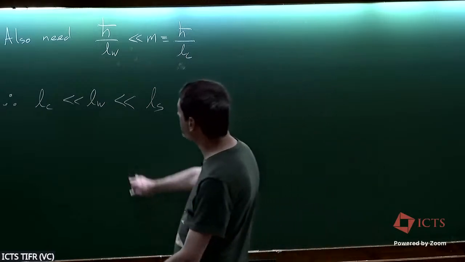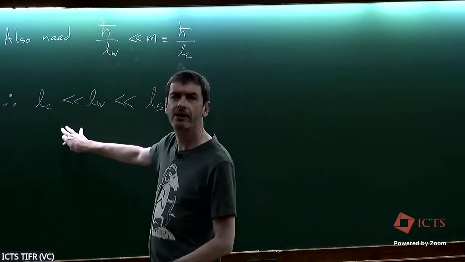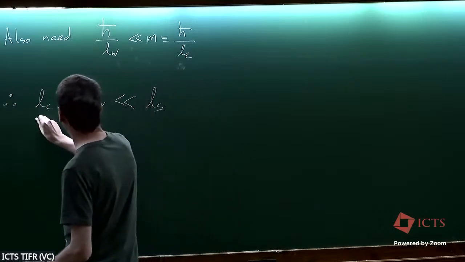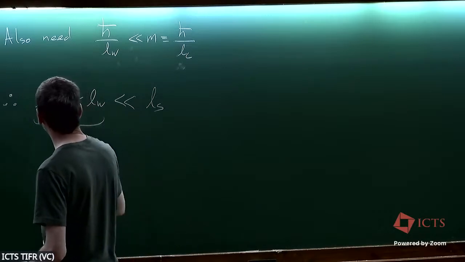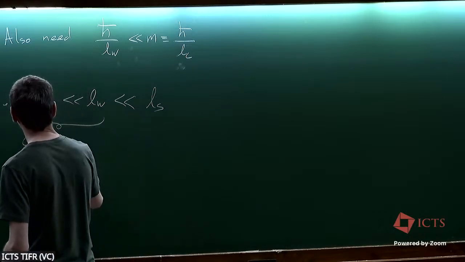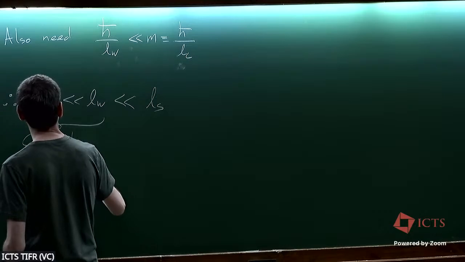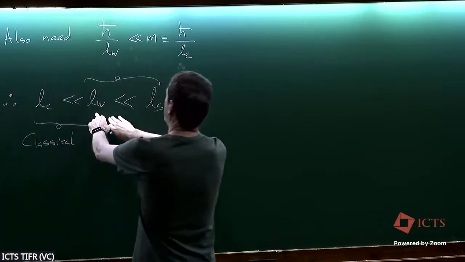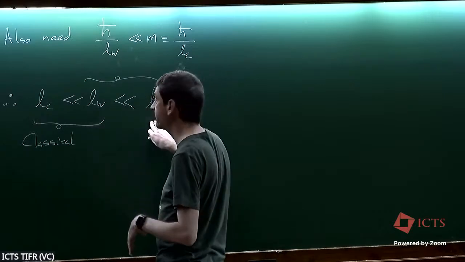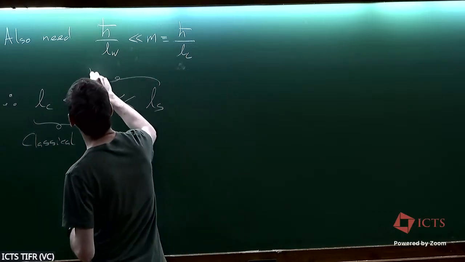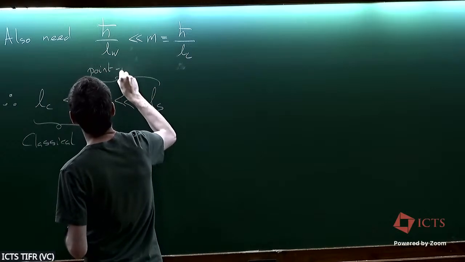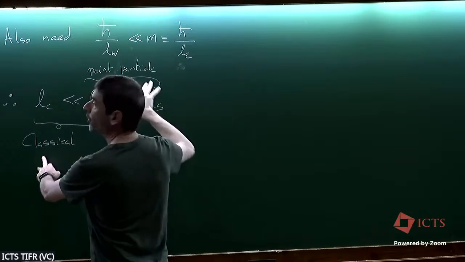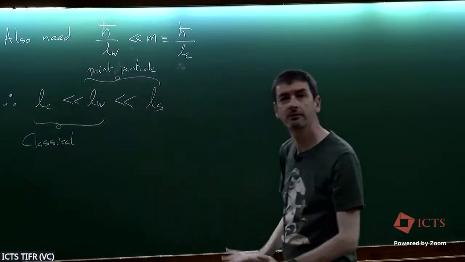It's maybe useful to think about this chain of inequalities as really having two sources. One of them, this one here, is really about the classical description. The second pair here, LW is very small compared to LS, is a point particle image. So if you want classical point particles, then you have all of these.